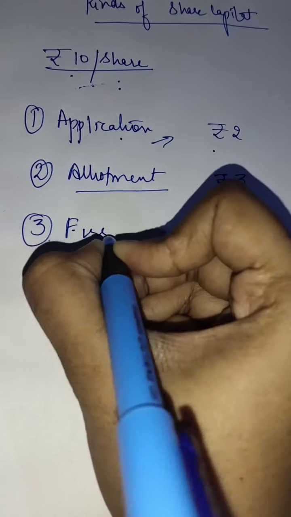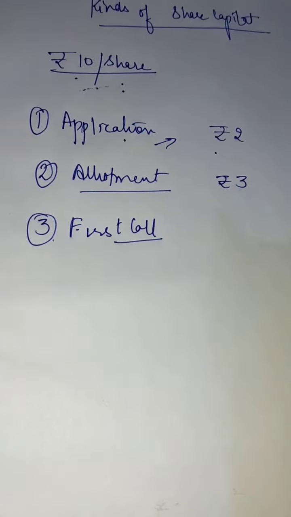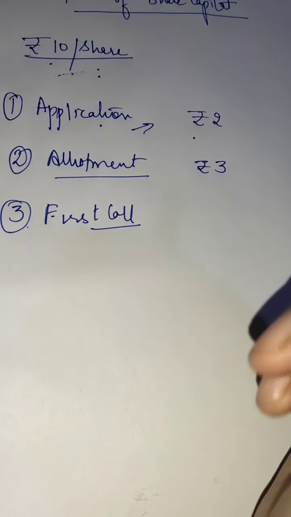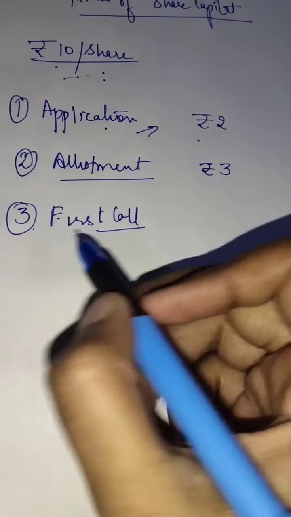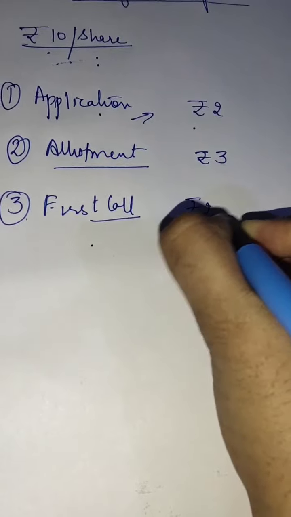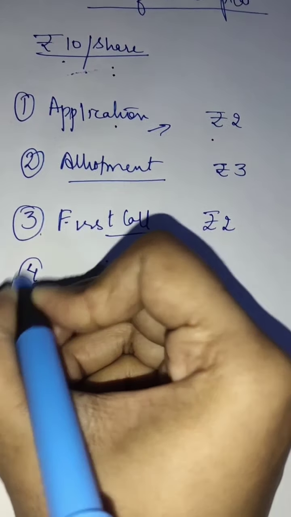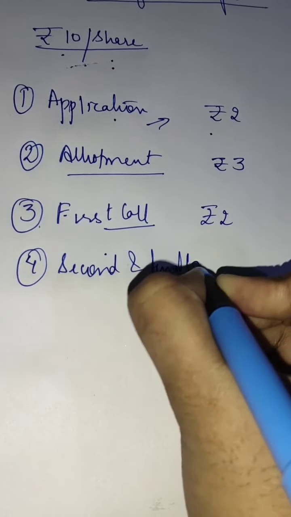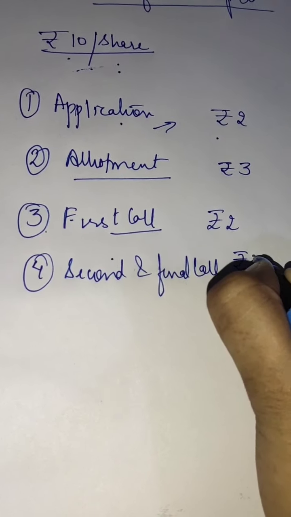So they will make the first call. They will ask from the public the remaining amount of 5 in 2 different installments. That is called the first call. That may be 2, and the second and final call will be the remaining amount.